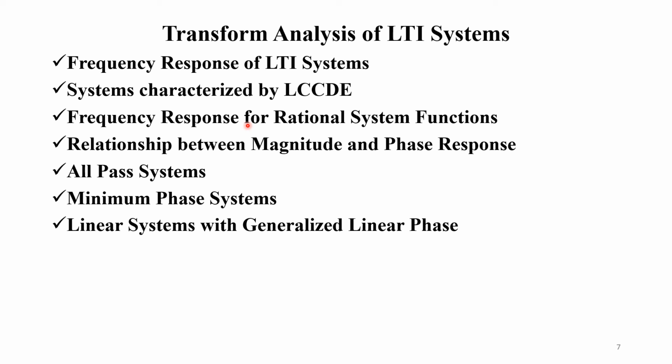So if the original system is stable and causal, there are no restrictions on the positions of the zeros. If the original system is minimum phase, that means all the poles and zeros are inside the unit circle. In that case, the inverse system is also causal and stable.